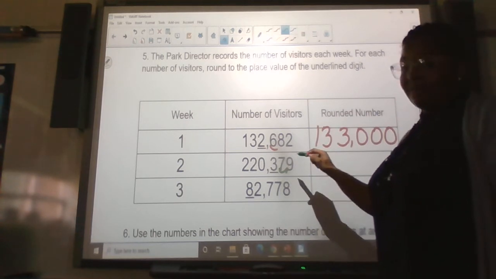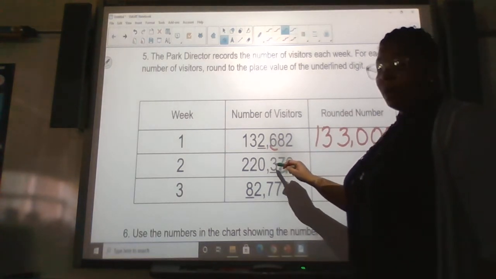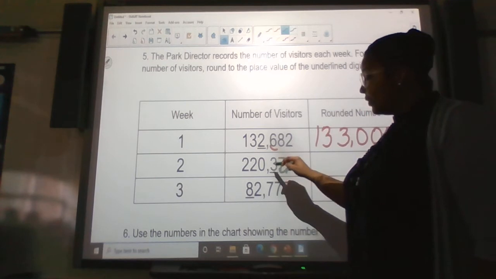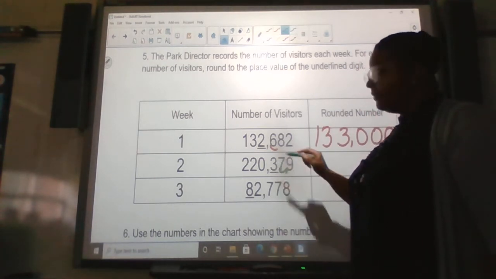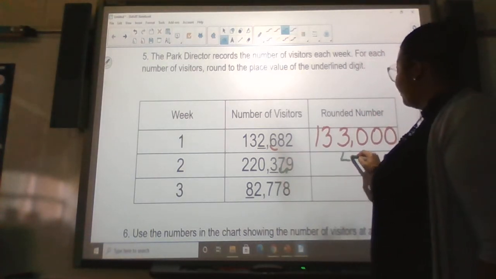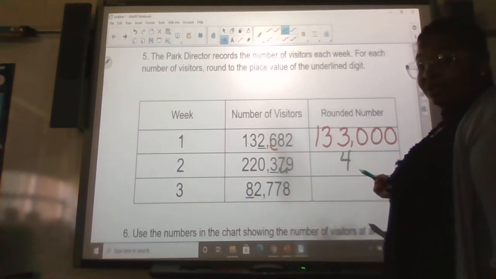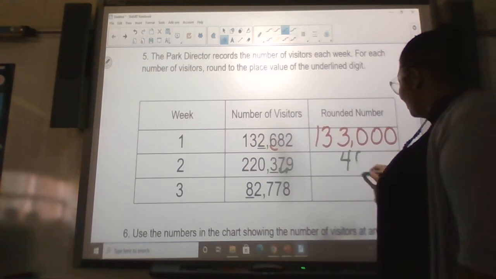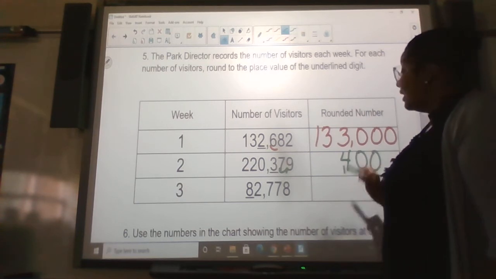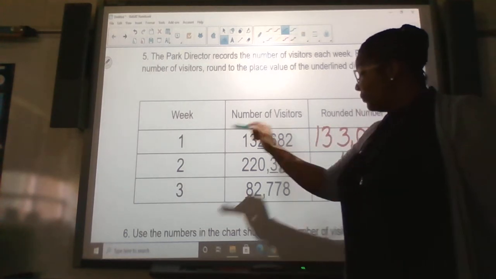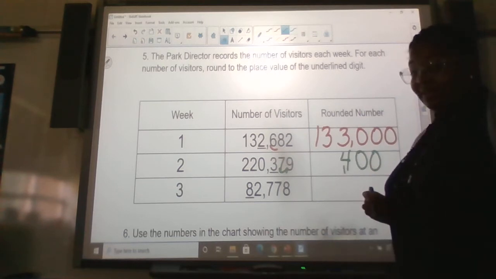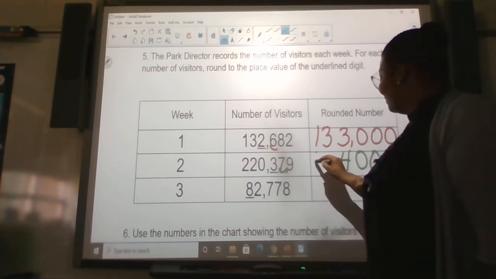And since it's greater than 5, boys and girls, this 3 will increase by 1 and become a 4. So I'll write my 4. Everything behind it will turn to 0. Good job. Everything in front of it will stay the same.